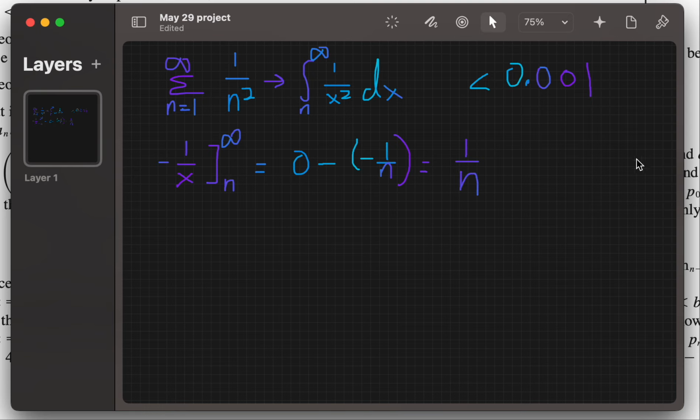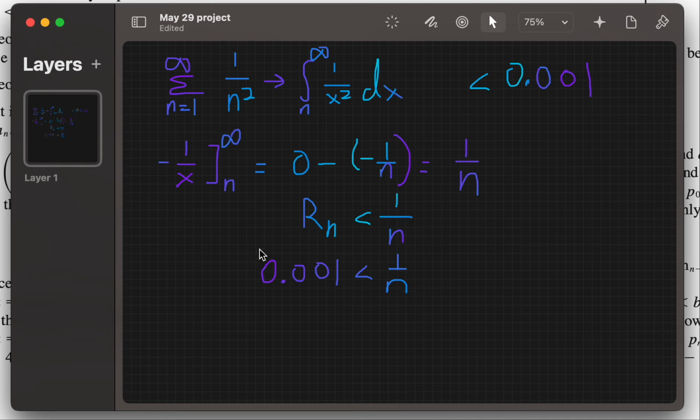So now that you have that, remember that we have the estimate, R of n, will be less than this equation, 1 over n. R of n is 0.001. All right, less than 1 over n.